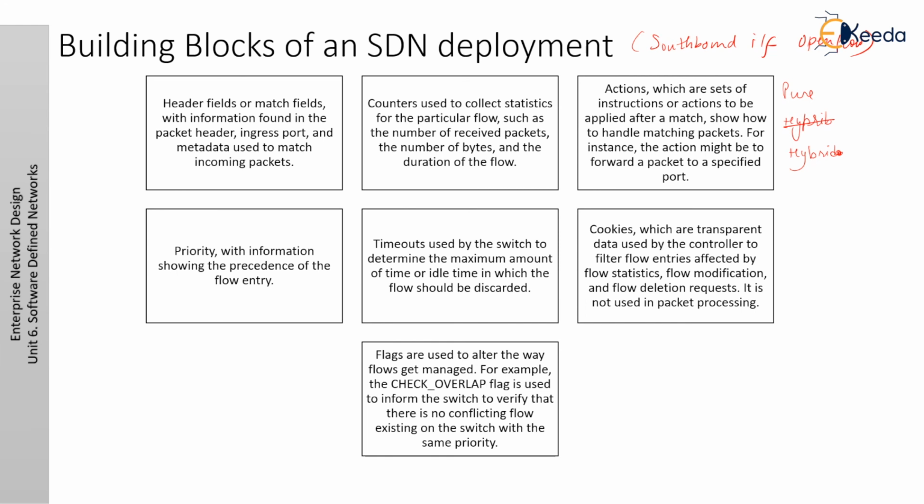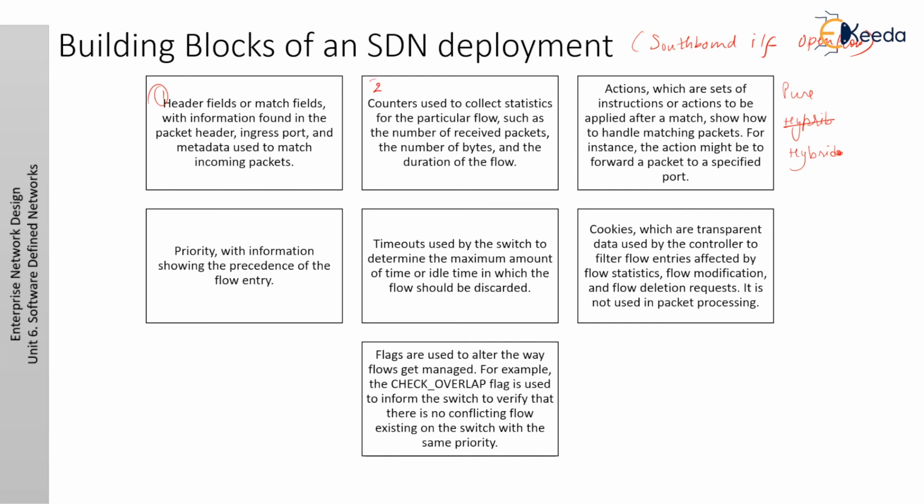An OpenFlow switch consists of a flow table which performs packet lookup and forwarding. Each flow table in the switch holds a set of flow entries that consist of the header field. First is the header field or match field, with information found in the packet header, ingress port, and metadata used to match the incoming packet.